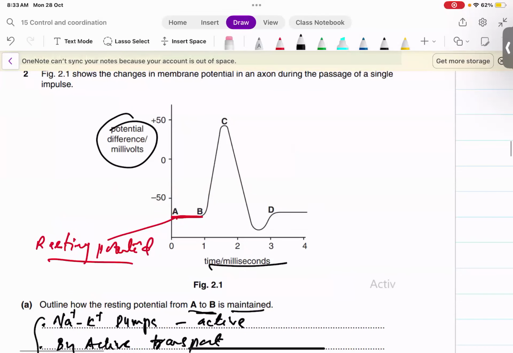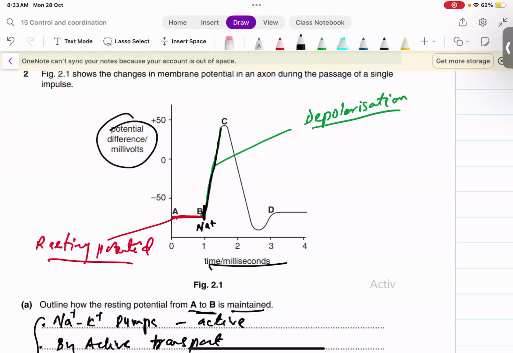Now we have this from B to C. This is depolarization. And why does this depolarization occur? At this point, sodium channels open, sodium will influx, and the inside would become less negative or more positive, and the outside would become less positive, and this is how it becomes depolarized.